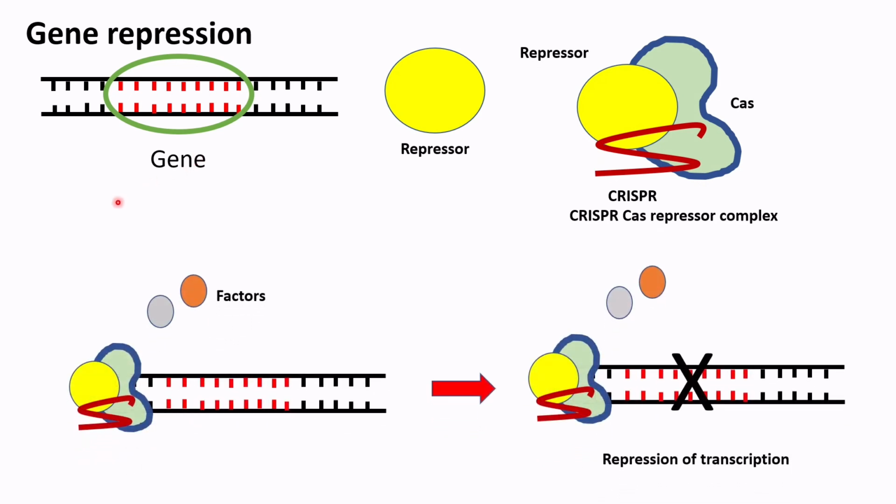Transcriptional repressor will be linked to Cas. Now this transcriptional repressor along with CRISPR-Cas will be directed toward the specific site on DNA. Here, the repressor will recruit other factors to reduce transcription of gene.